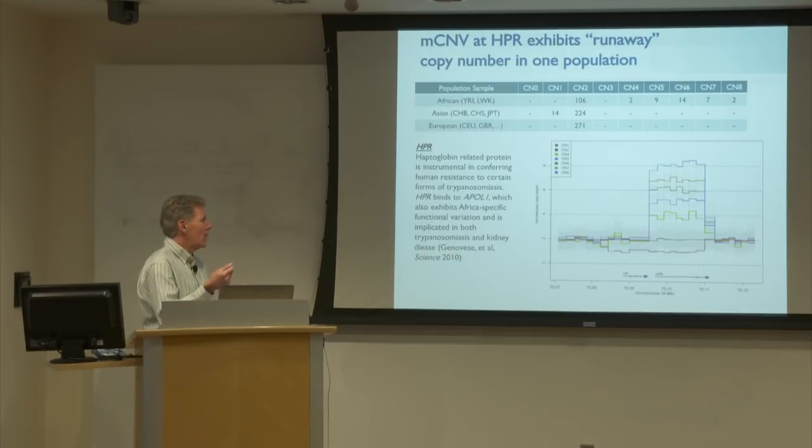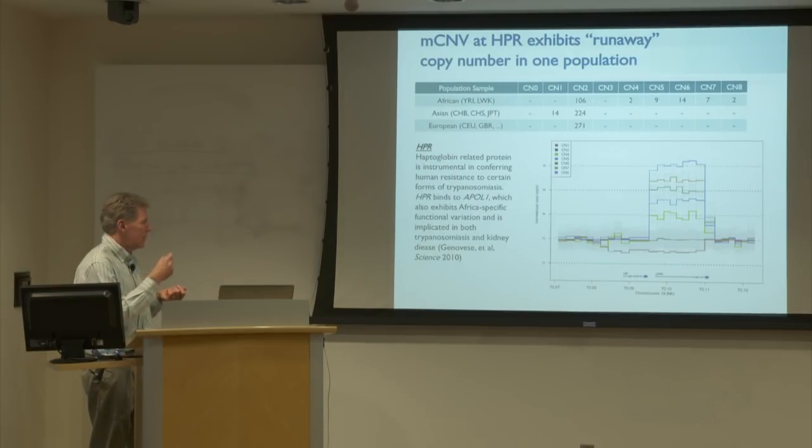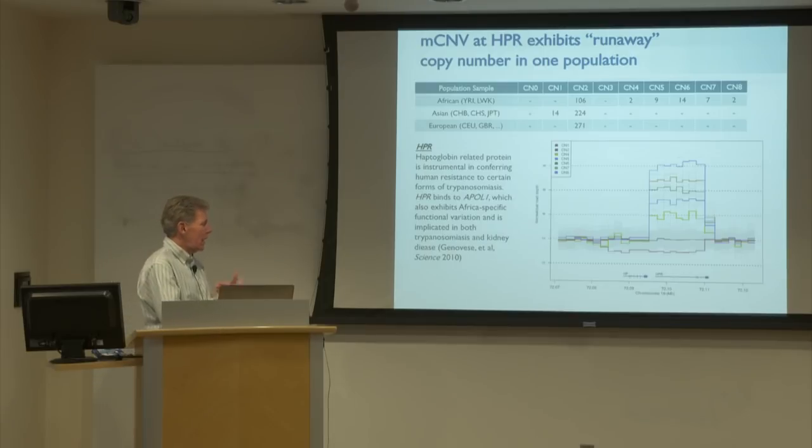HPR also binds to APOL1, which has been shown to exhibit Africa-specific functional variation, and it's involved in resistance to trypanosomes and also to kidney disease in African Americans. So at the bottom right is sort of a picture of this HPR locus. There is a deletion that you can see in red.